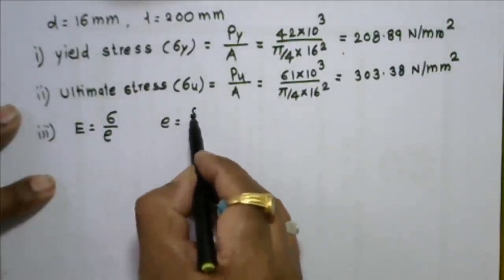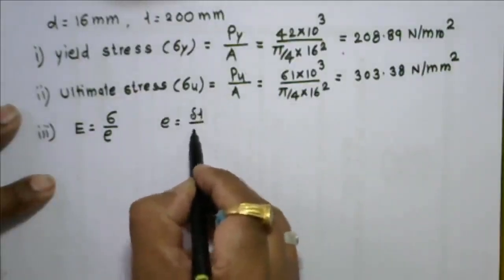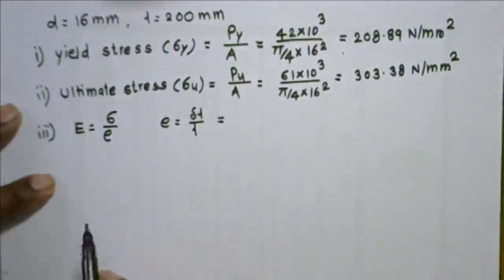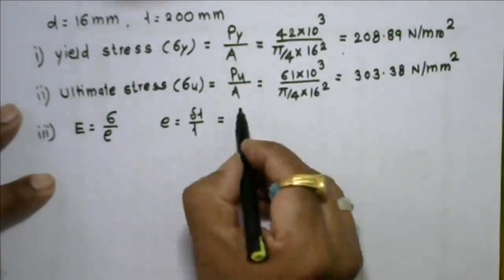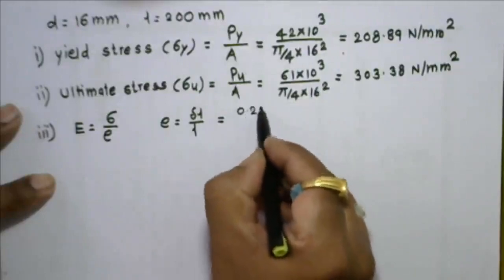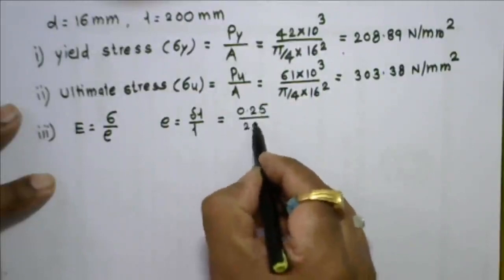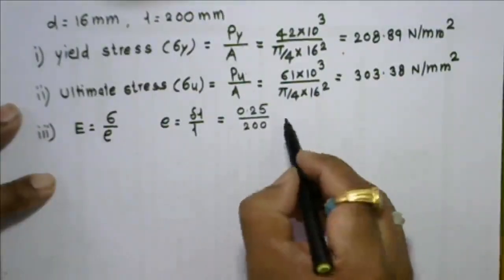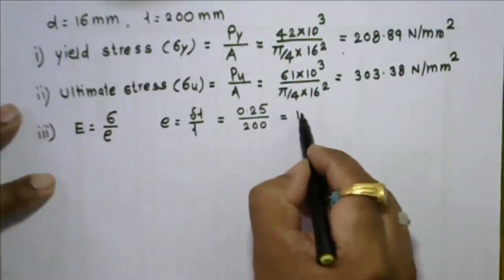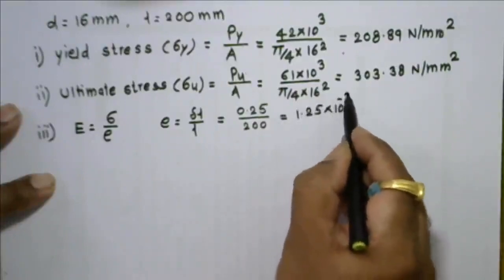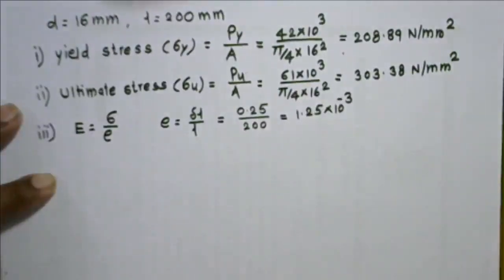First we calculate the strain, that is delta L upon L. Delta L is the extension at elasticity, that is 0.25, and the original length is given, that is 200. So the strain is 1.25 into 10 raised to minus 3.